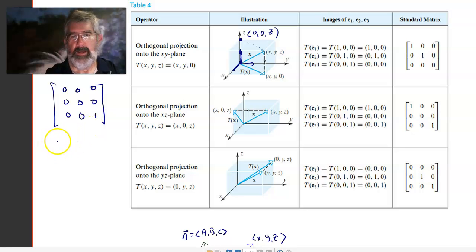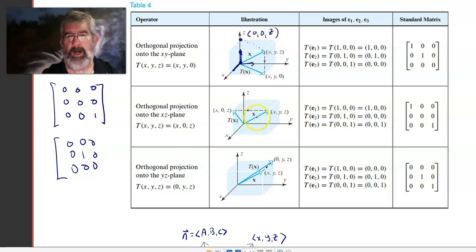Likewise, you could project onto the y-axis, down here, so that would go to 0, y, 0, and you'd have this matrix.